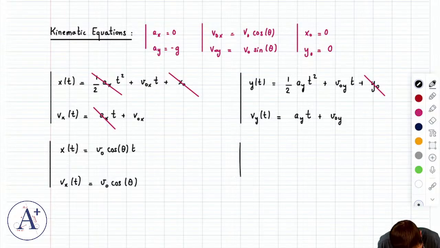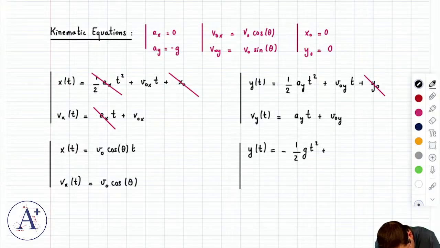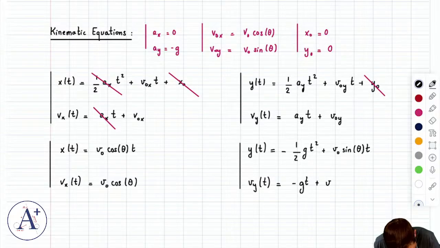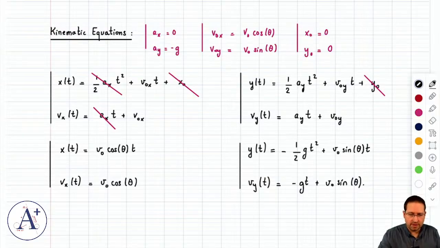And then along with that, I get equations along y, which are y of t is minus 1/2 gt squared plus v naught sine theta t, and vy of t is minus gt plus v naught sine theta.